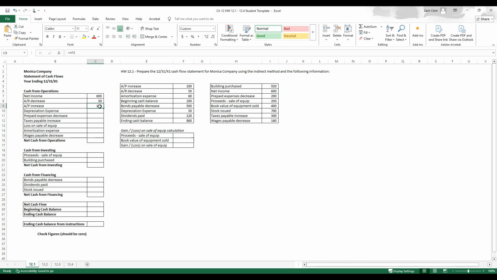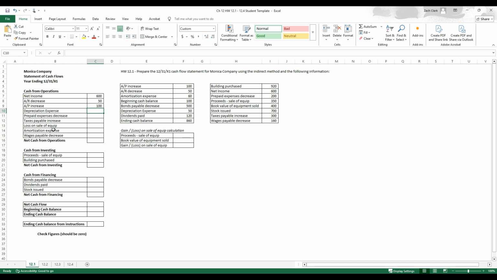For my brain, it's an either-or. If you can think of AP going down as a cash outflow, then there's only one other option: if AP goes up, it's an increase to cash flows. Whatever works best for you, but that's how my brain works.